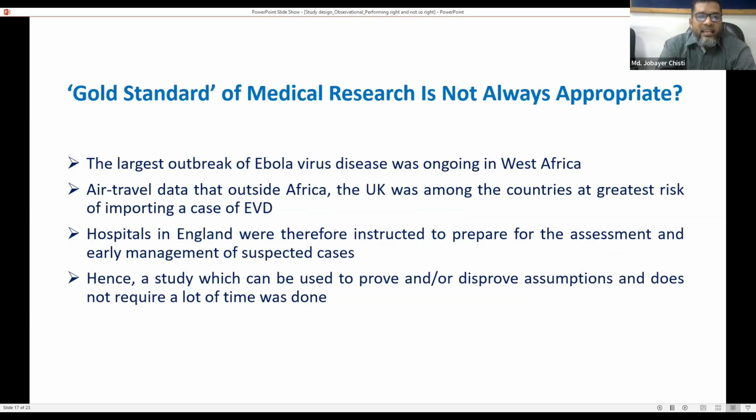And hospitals in England were therefore instructed to prepare for the assessment and early management of suspected cases. Hence, a study can be used to prove or disprove assumptions, and an RCT is not always required.